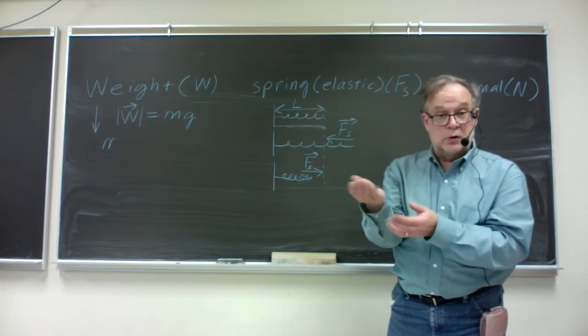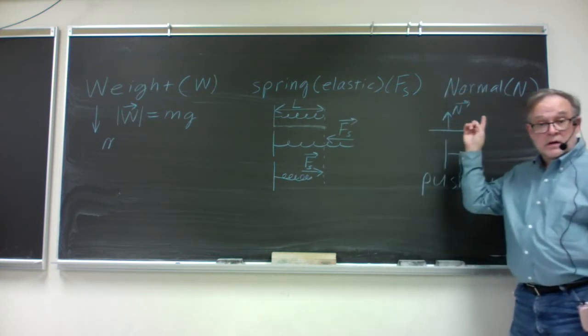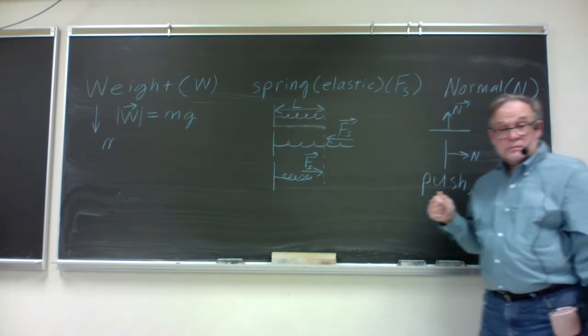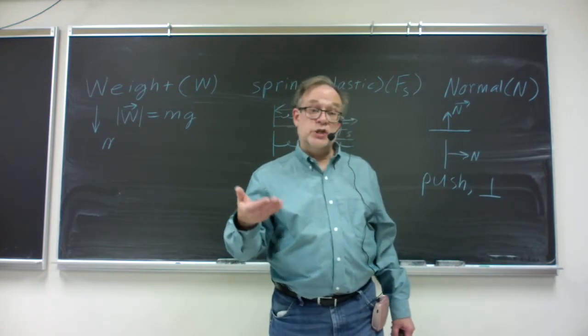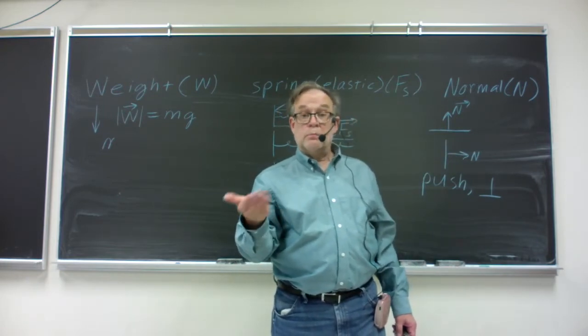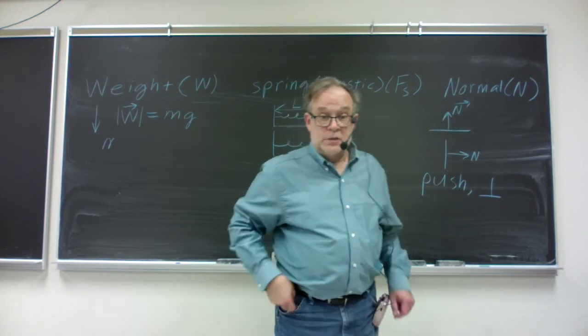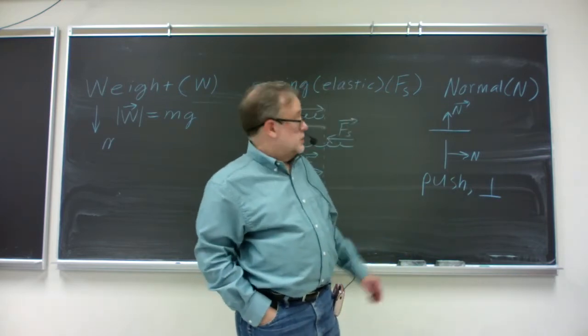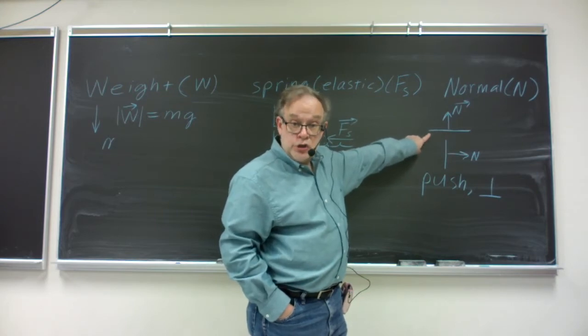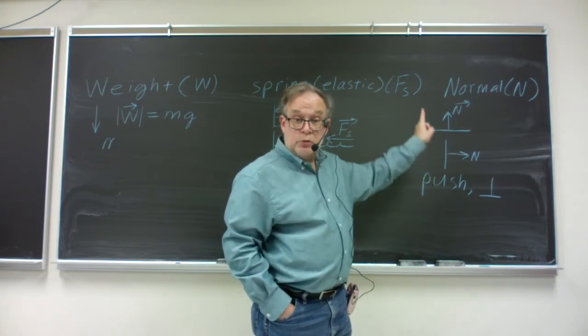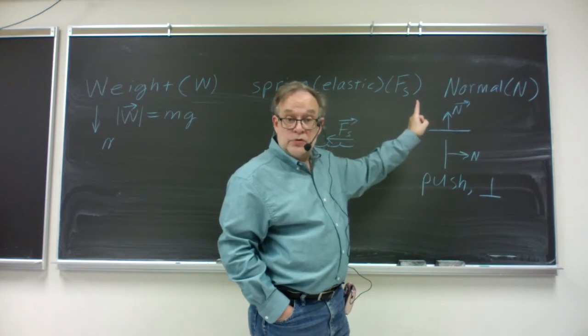That's an example of a normal force. Normal is just a bit of jargon from geometry, which means perpendicular. Specifically, a normal force is a force from some kind of a surface, a push from a surface, and it pushes perpendicular to the surface.